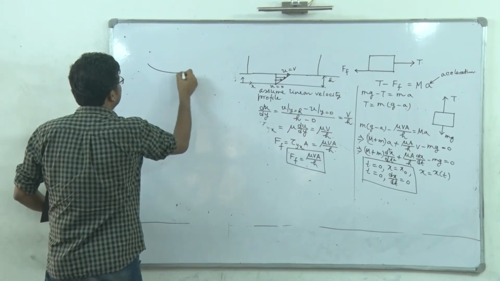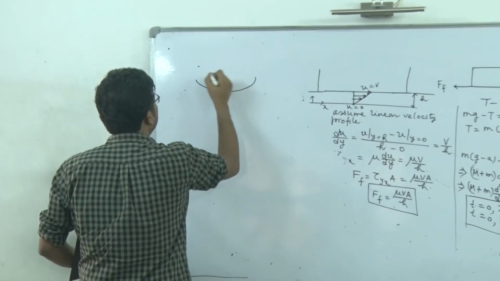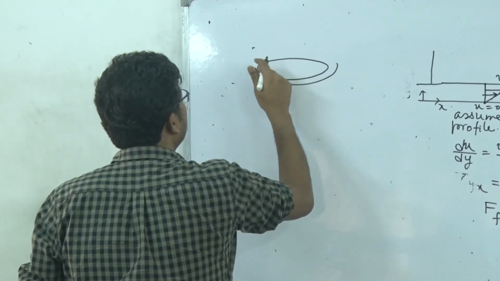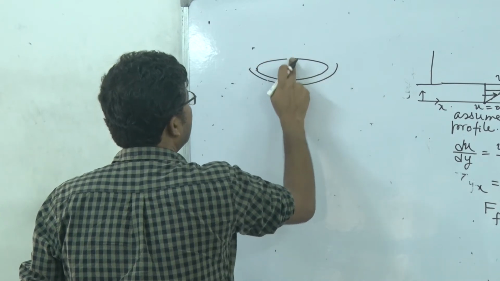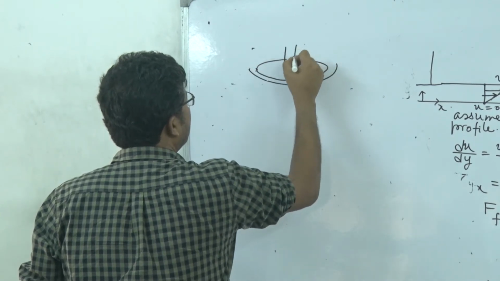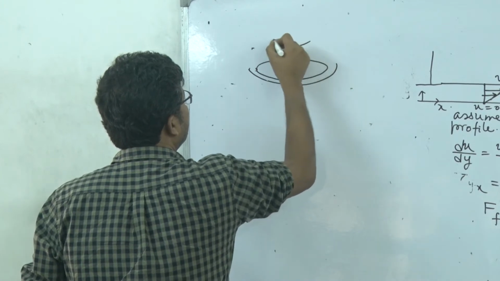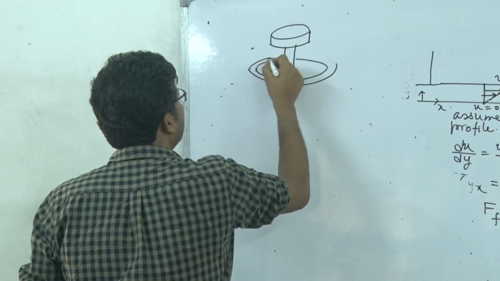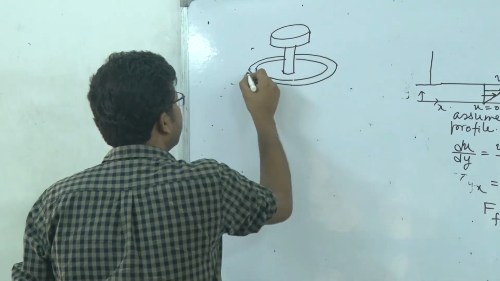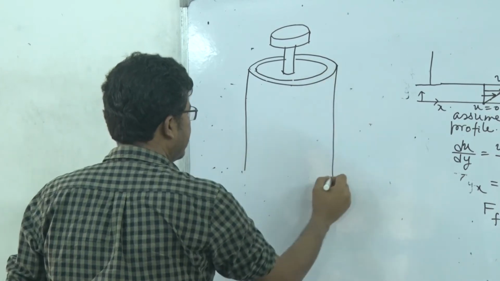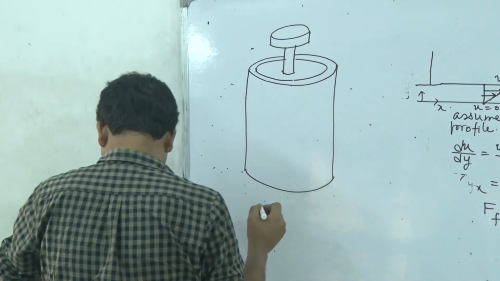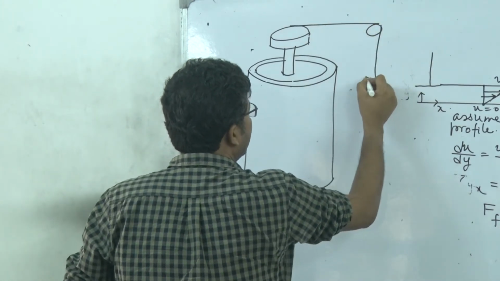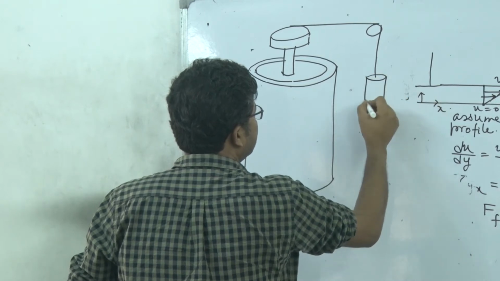I'm drawing this. There is a pulley and a falling mass.